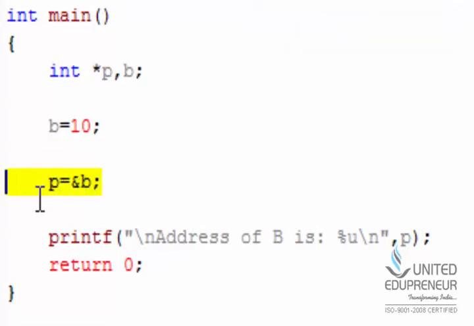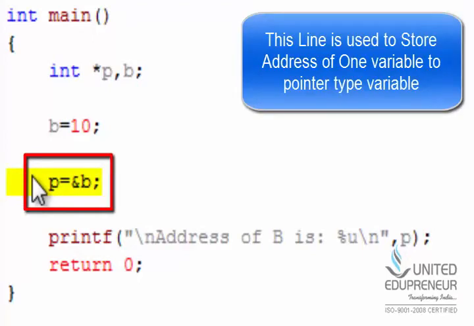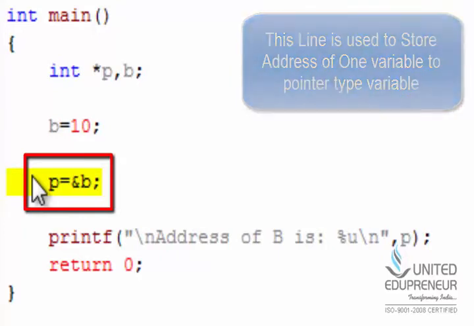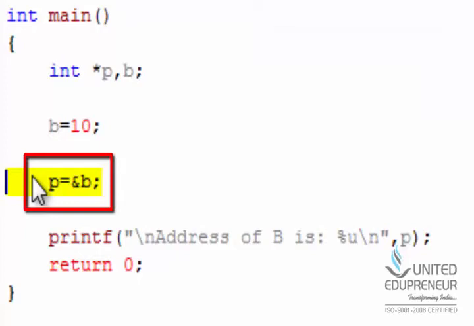So I have written this line, p equals ampersand b, meaning p is equal to the address of b. The ampersand sign is used to access the address of any particular variable. So this line will retrieve the address of b and store the address into the p pointer type variable.